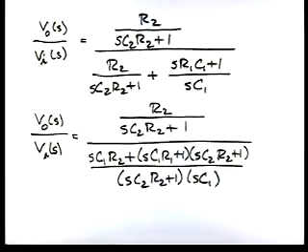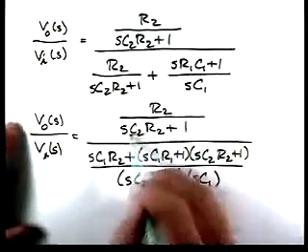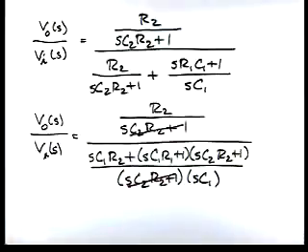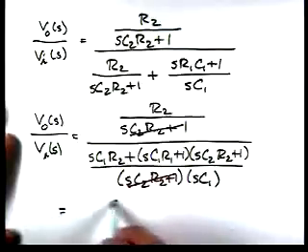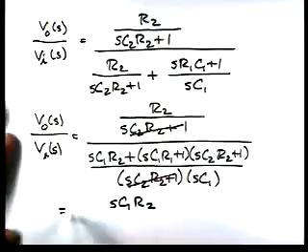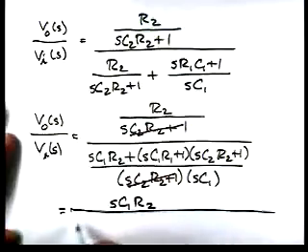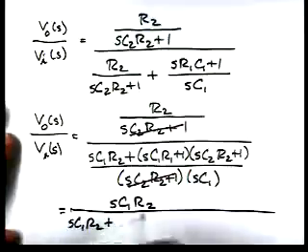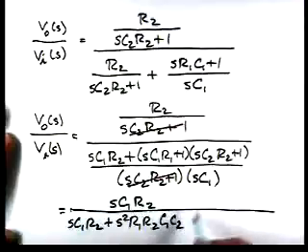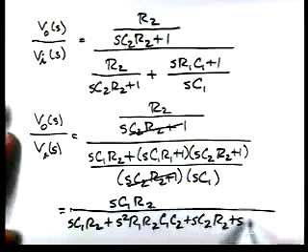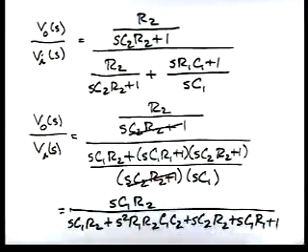So now we've got everything in the denominator over a common denominator. Now we can cancel these two terms, and then rewrite this as sC1 R2 over sC1 R2 plus s squared R1 R2 C1 C2 plus sC2 R2 plus sC1 R1 plus 1. Again, just working on the algebra.